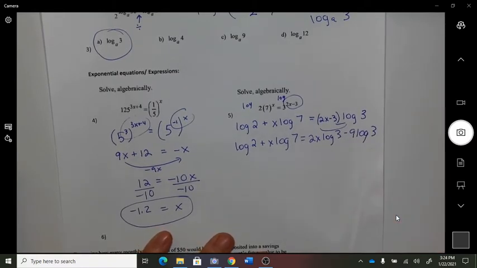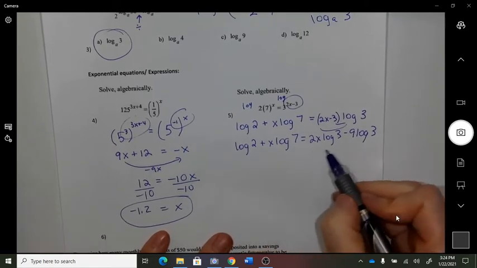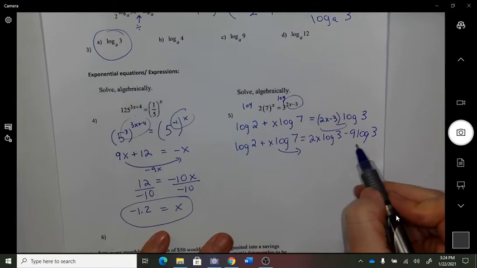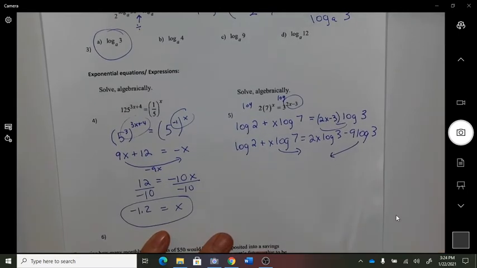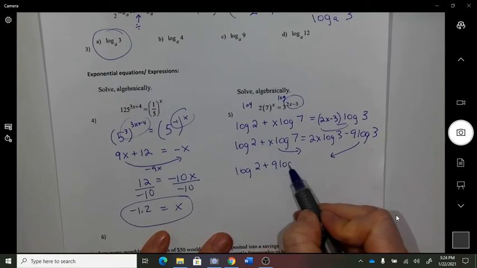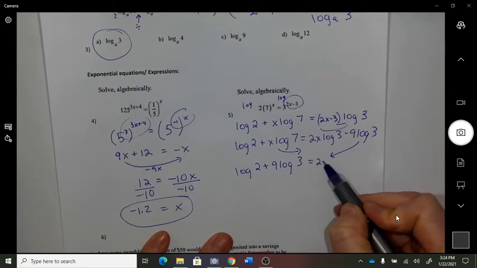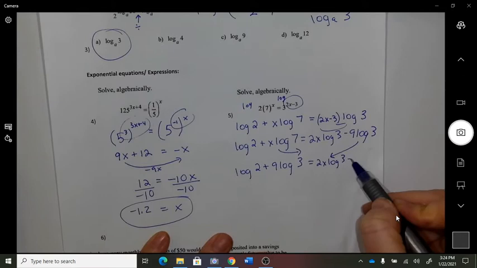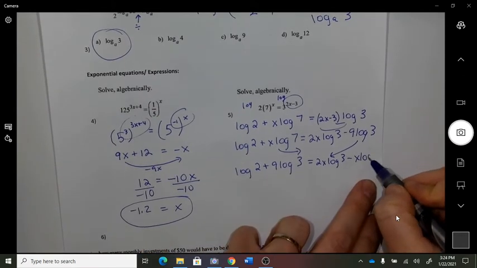Okay. Now x stuff one way, non-x stuff the other. So let's go moving those things. So log 2 plus 9 log 3 equals 2x log 3 minus x log 7.